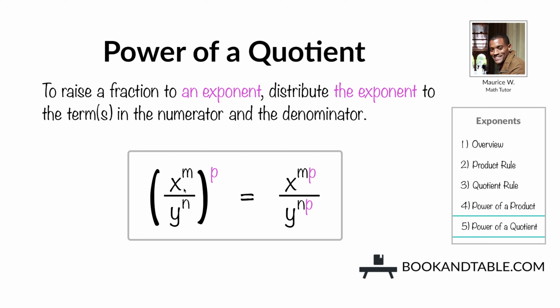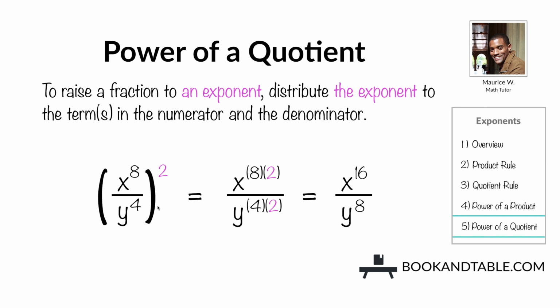So if we had x to a power of m divided by y to a power of n, and we raise this entire fraction to a power of p, the power of a quotient rule is telling us to multiply this number times this exponent and this exponent. So in the numerator, we get x to the m times p. And in the denominator, we get y to a power of n times p. So this is the power of a quotient rule.